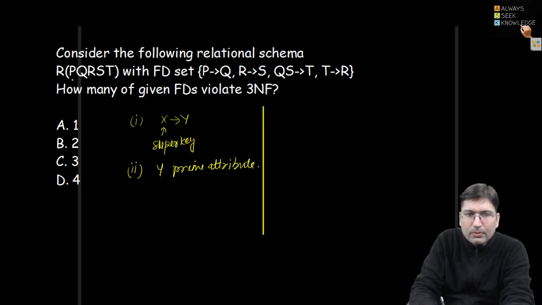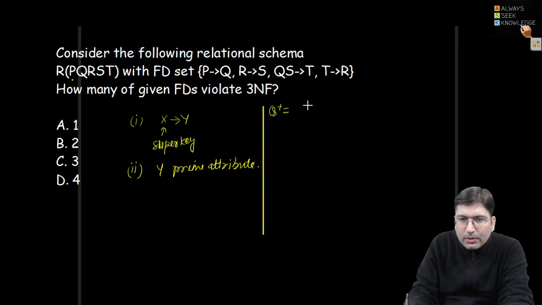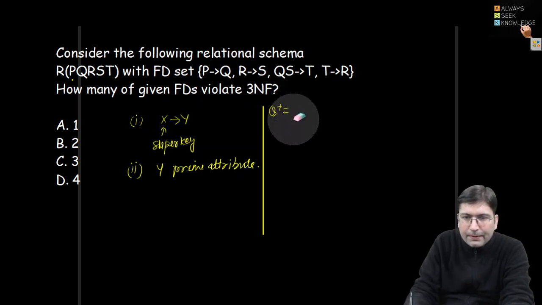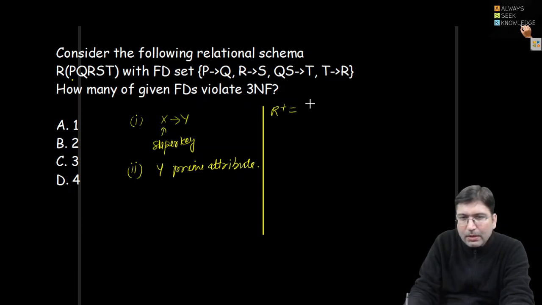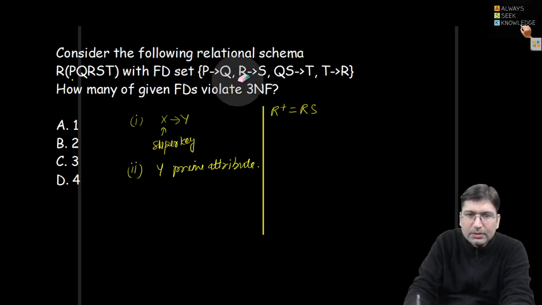Then the closure of Q will not give you anything, so Q can also not be the key. Now if we take the closure of R, it will give us R and S, and R and S collectively don't give us anything, so this is also not the key.